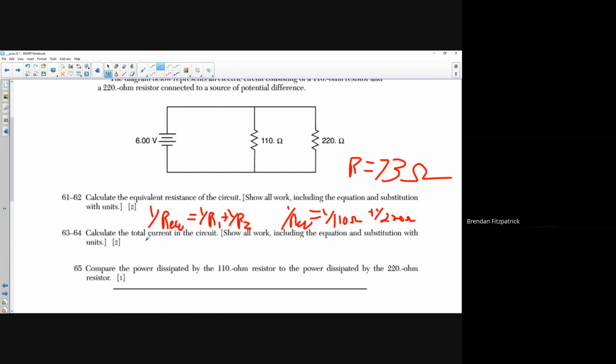Calculate the total current in the circuit. So I would just use Ohm's law. R is equal to V over I. So you have to use the equivalent resistance because they want the total current. So it's the current through the battery.